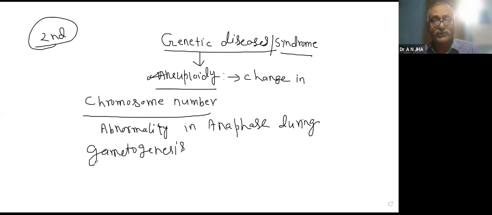So gametogenesis is a part of the 12th and meiosis is a part of the 11th. We have to combine them together.